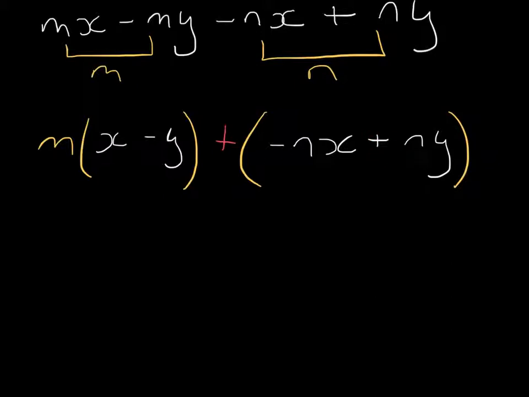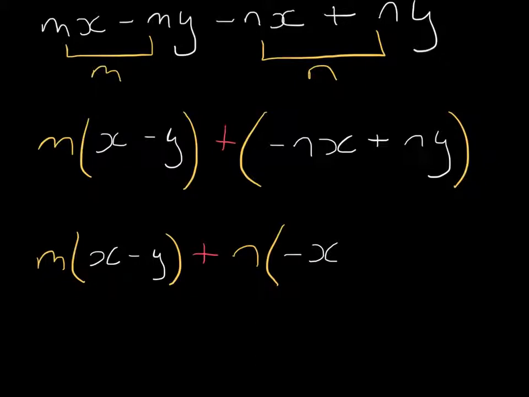So let's carry this down. We say m into x minus y plus, and what did we say our common factor was? Well, we said it was n, and what's left over after I take away my n? Well, here would be a minus x plus y.